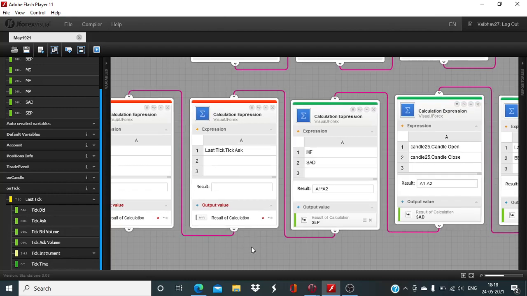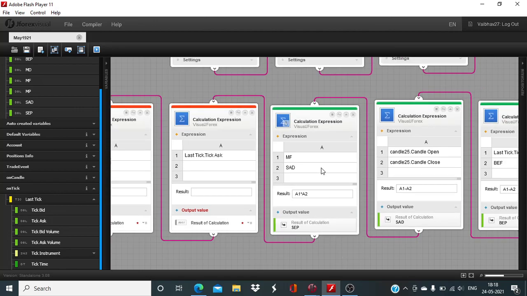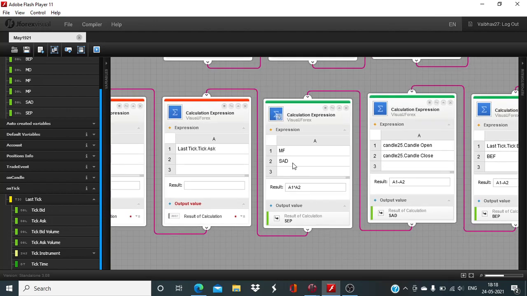We will be placing a limit order. So whatever is the 30% of the last hour's candle's opening and closing difference, we will add it: A1 plus A2.